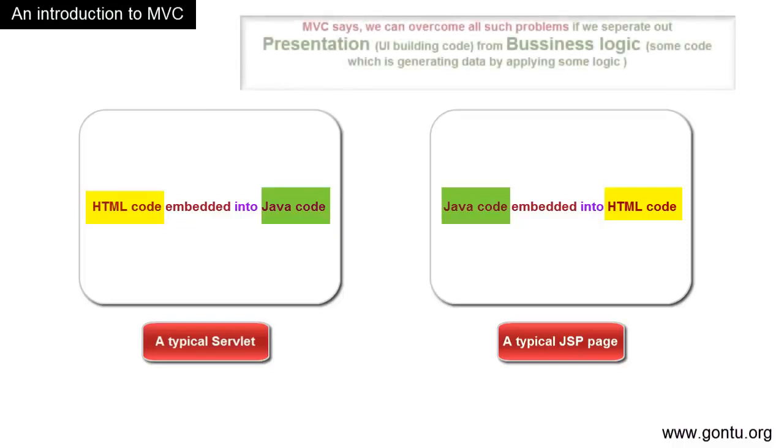MVC says we can overcome all such problems to a greater extent if we write an application in such a way that UI code is never mixed with the business logic code as we do in a typical servlet or a JSP page, and provided a generic guideline on how we can develop such an application.